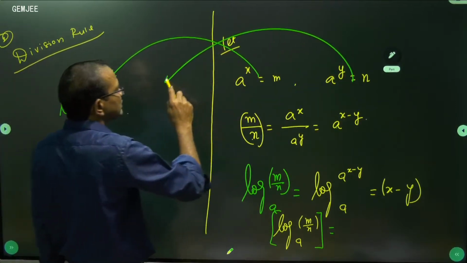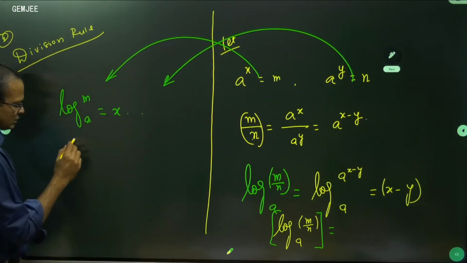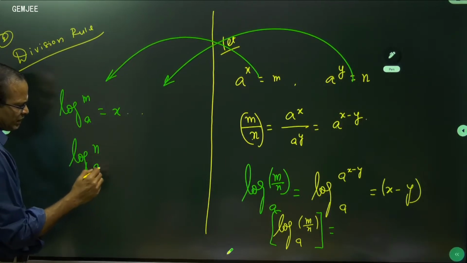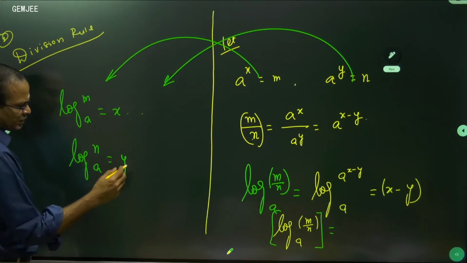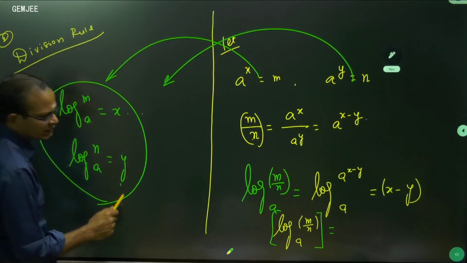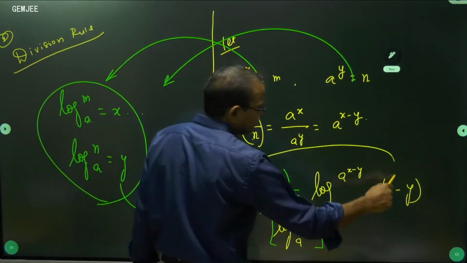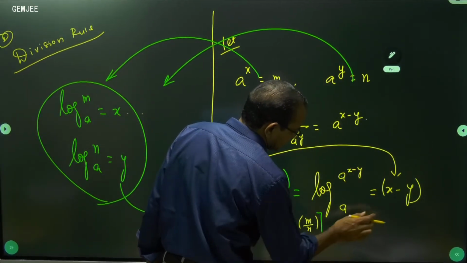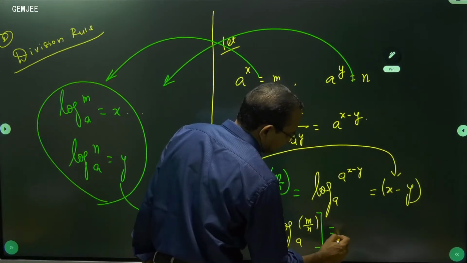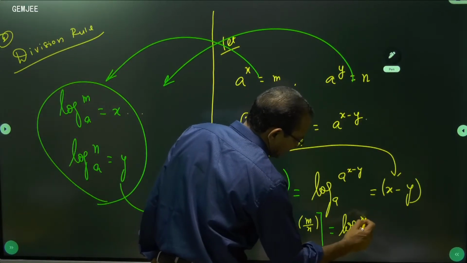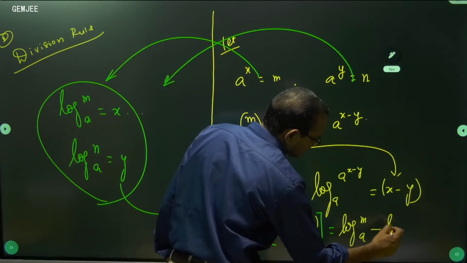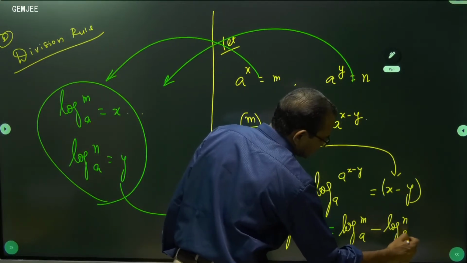Log of n to the base a equal to y. Now substitute this here. What comes? Come on, tell me. Log of m to the base a minus log of n to the base a.